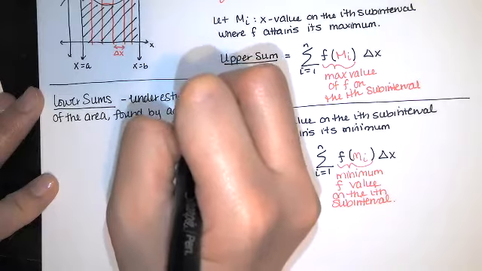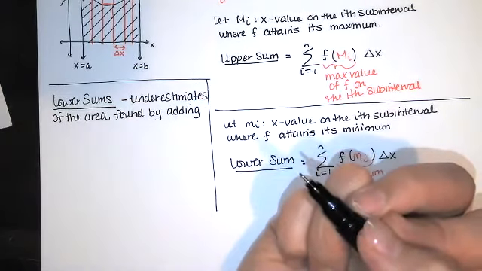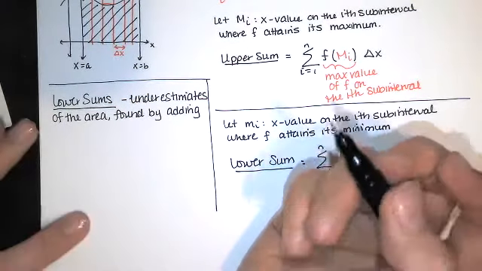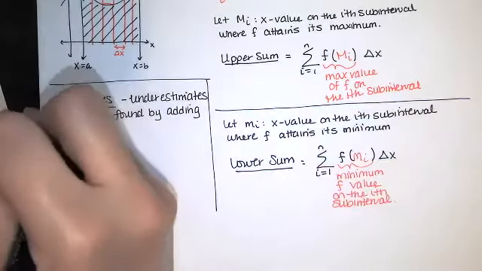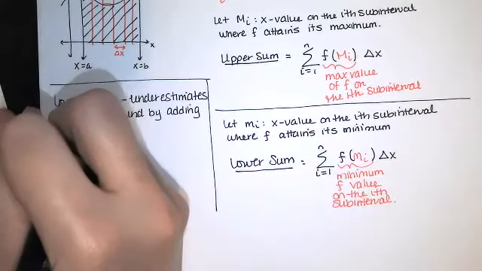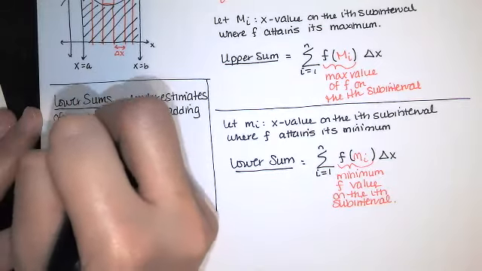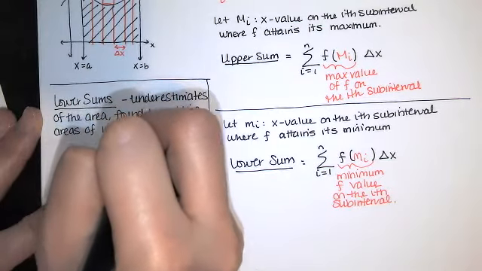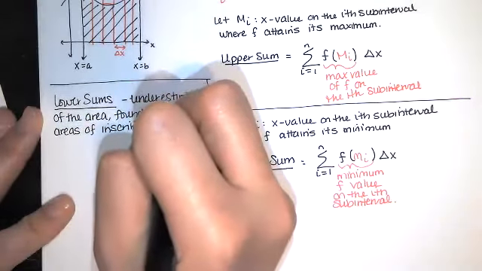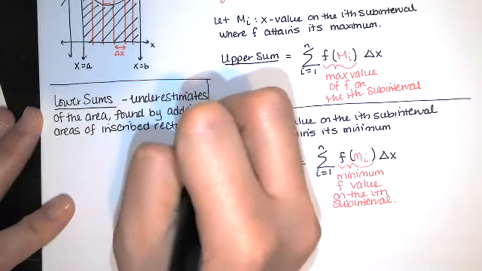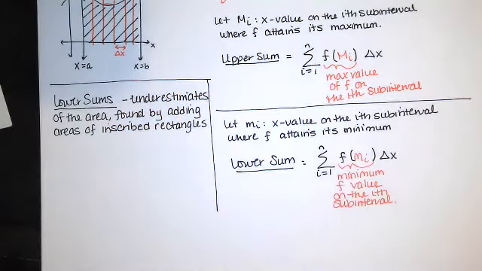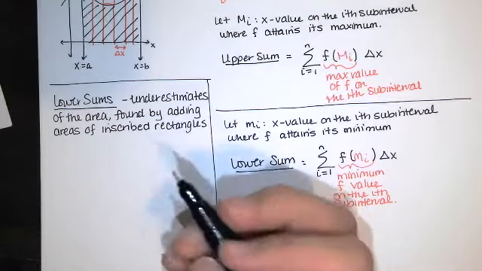And the rectangles that we're looking at, we're going to call those inscribed rectangles. Those are rectangles whose heights are given by the function, but they lie entirely inside the area being approximated.